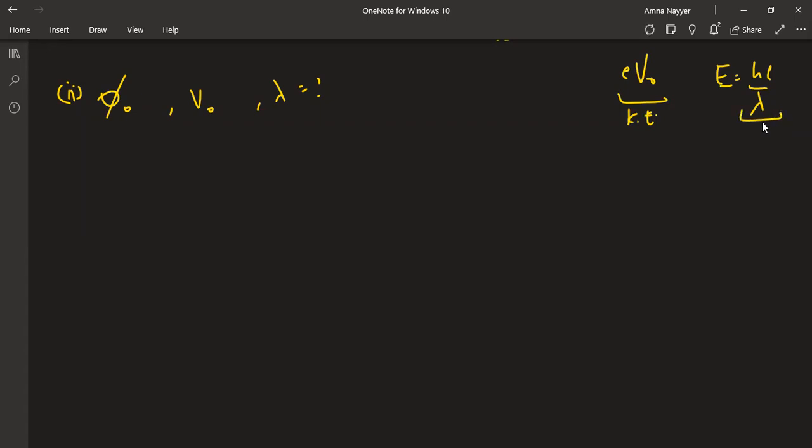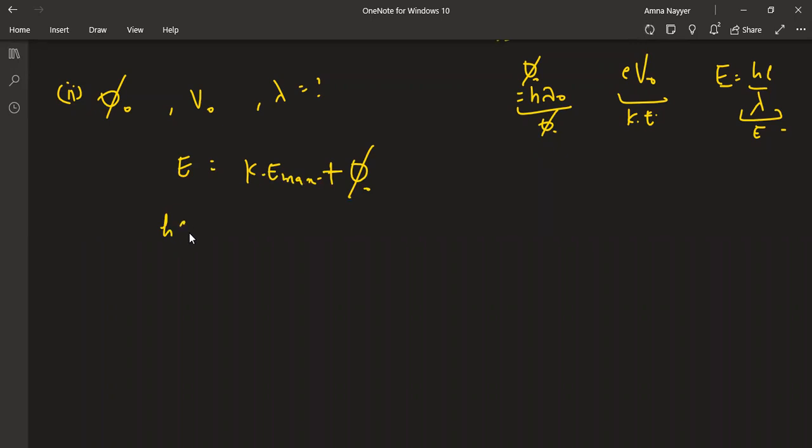This is for total energy. And for work function, we already have the work function, or we can use h nu naught. So how do you write the total Einstein's equation? The total energy will be equal to the maximum kinetic energy plus the work function.